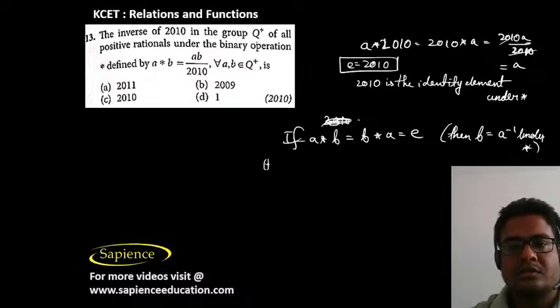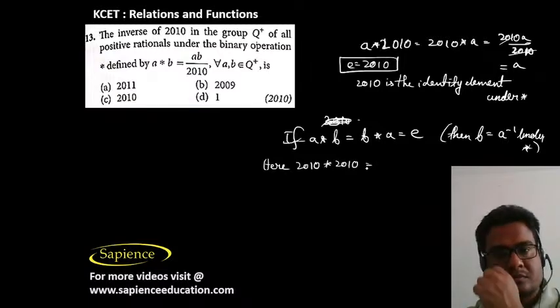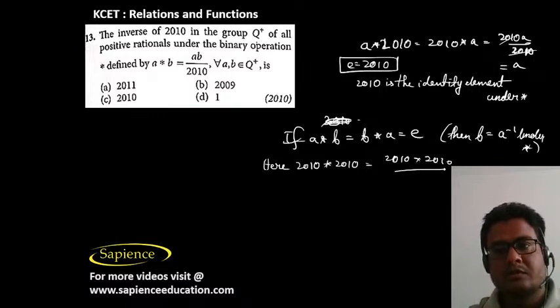So here also, 2010 star 2010 equals 2010 into 2010 divided by 2010, equal to 2010.